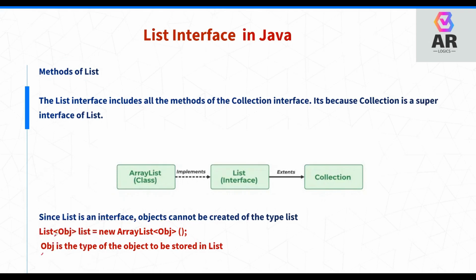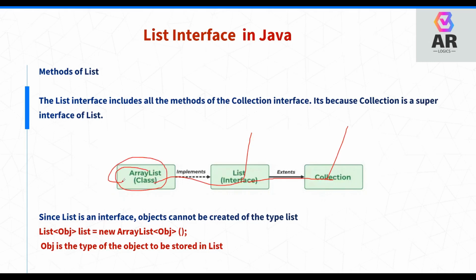Here the type means the type of object that can be stored in the list. It is not an object itself. So here list is an interface, from collection to list, implemented by the class ArrayList.